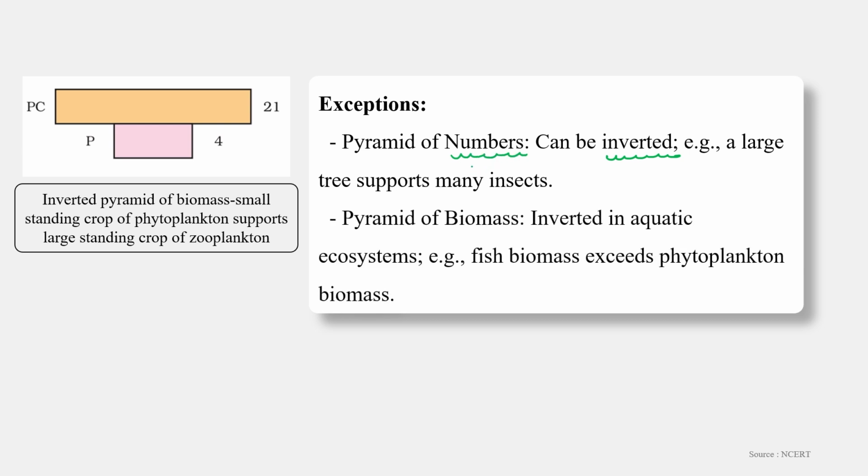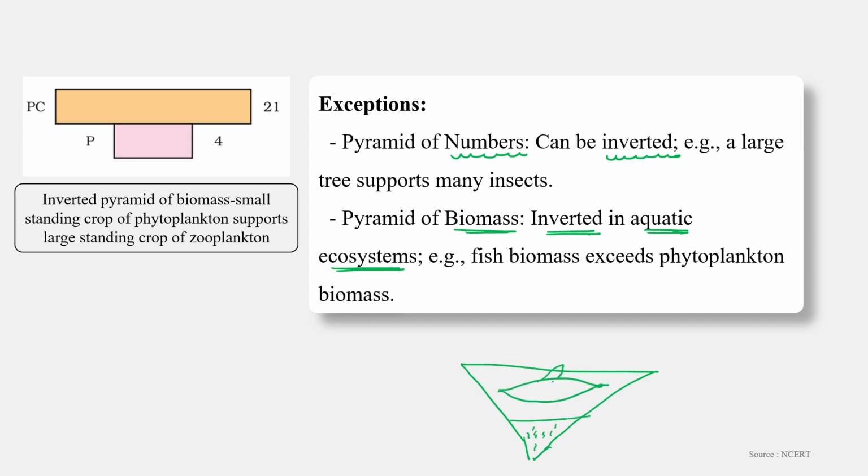Okay, second example, the pyramid of biomass. It can be inverted in the case of an aquatic ecosystem, as fish biomass exceeds phytoplankton biomass. A single fish has more biomass; even if there are 1,000 or 10,000 phytoplankton, they cannot exceed the fish in biomass.